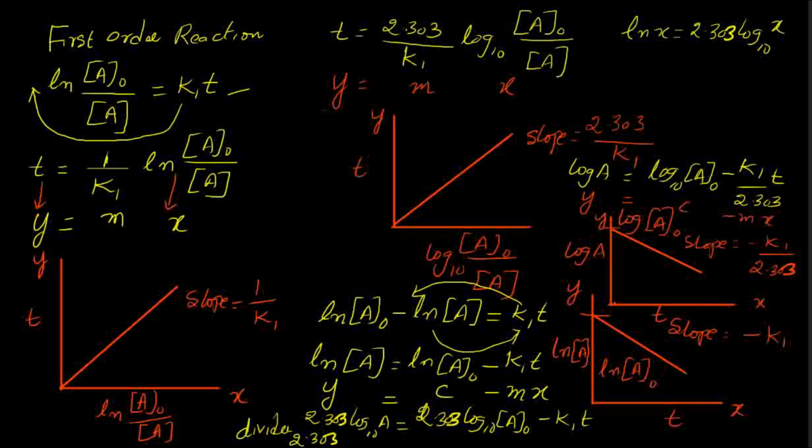So for log a versus t, the slope is minus k1 by 2.303. For ln a versus t, the slope is minus k1. And here also the intercept is log a naught. So these graphs related to the first order reaction are very important in competitive examinations.